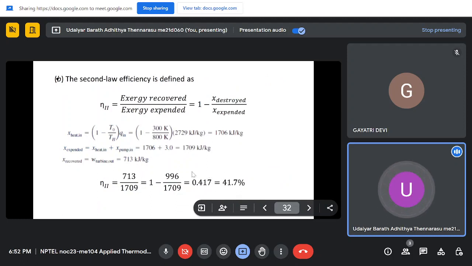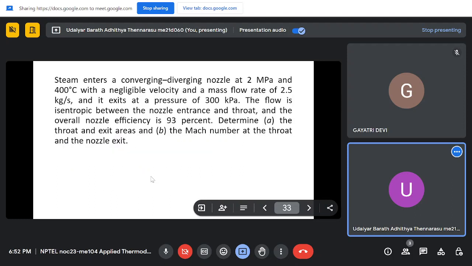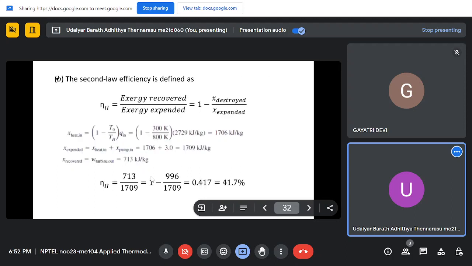Both will be the same, it will be 41.7%. So the second law efficiency is 41.7%. Is this clear?